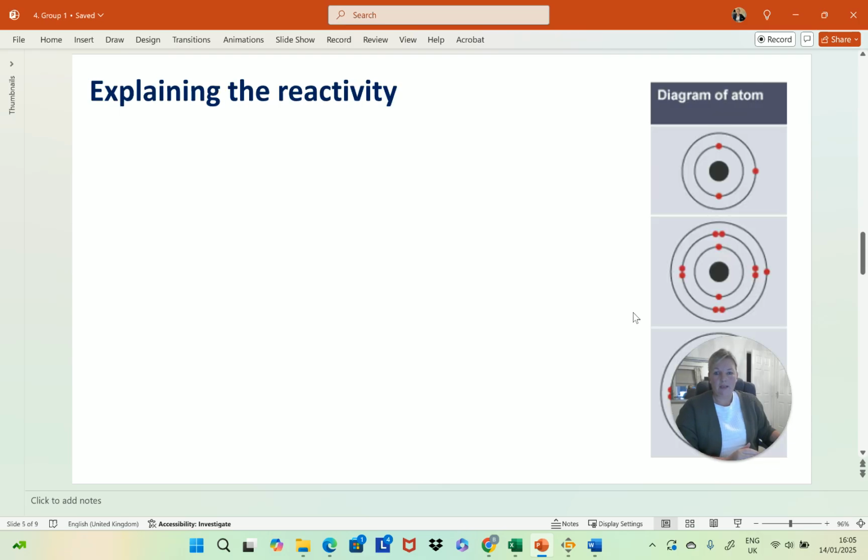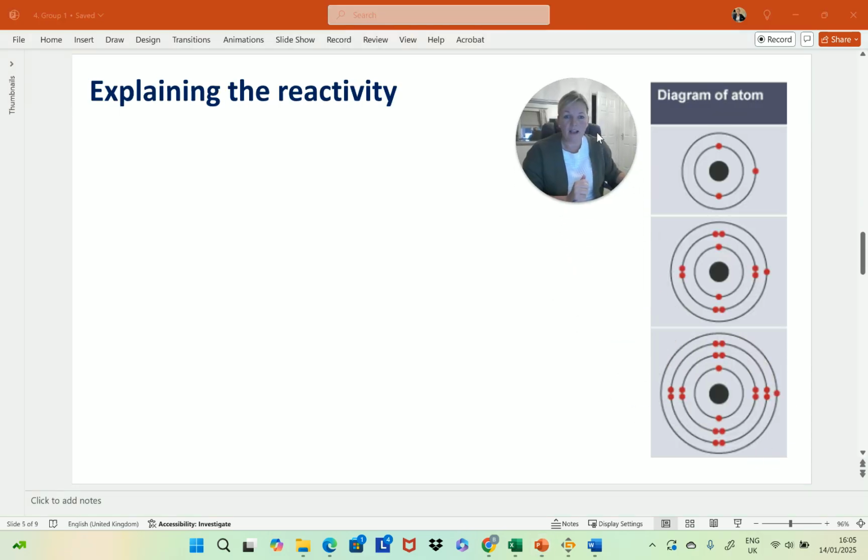Okay, right, so why do they become more reactive as we move down the group? Remember, this is all about their electron structure. Okay, now this is a very common exam question, and this is what I would call a standard answer. So once you've learned the reasons as to why, we can just simply repeat it for wherever it's talking about.